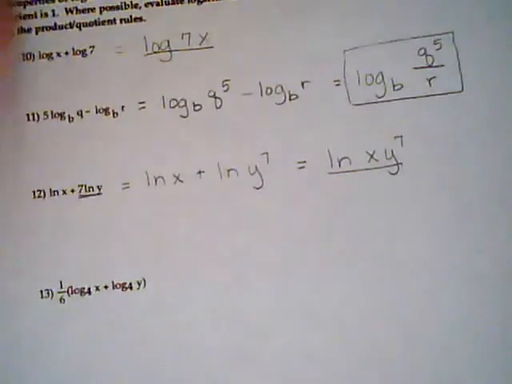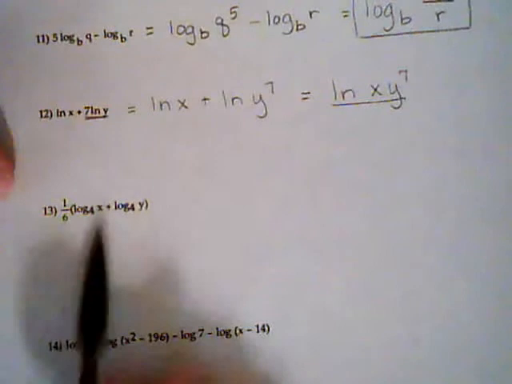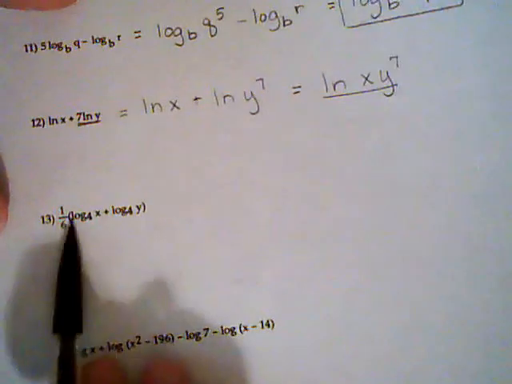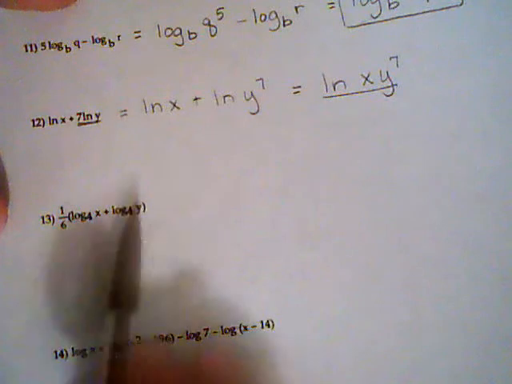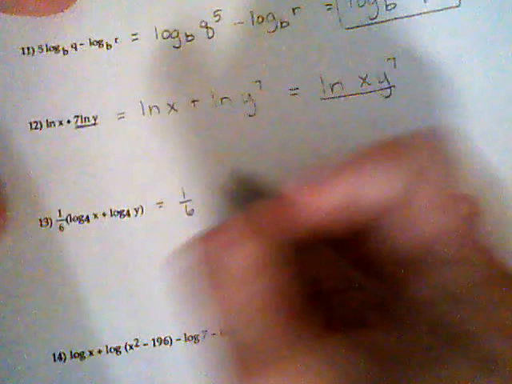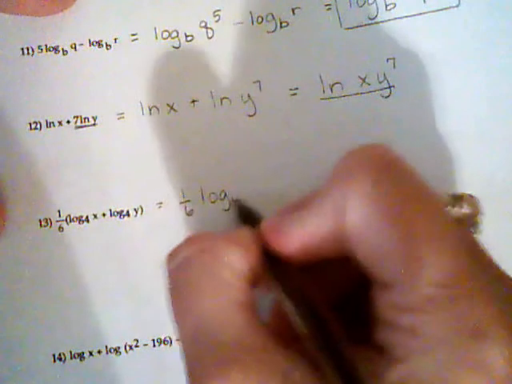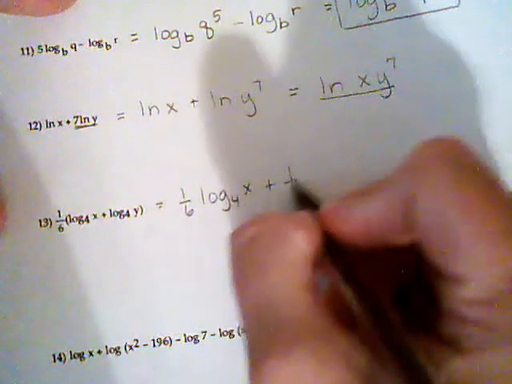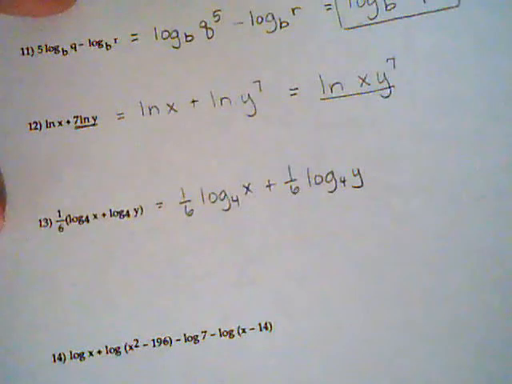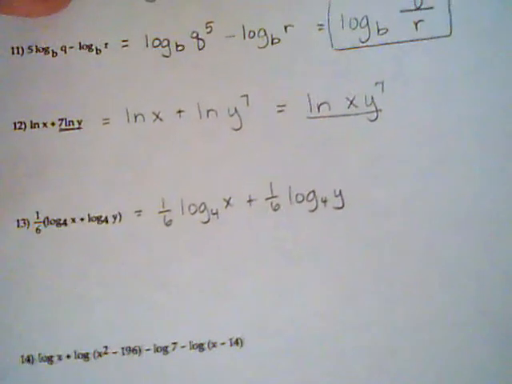Okay, number 13, I have 1/6 times log base 4 of x plus log base 4 of y. Okay, notice it's 1/6 times in parentheses, so we know we could distribute that 1/6 to each one of the logs.